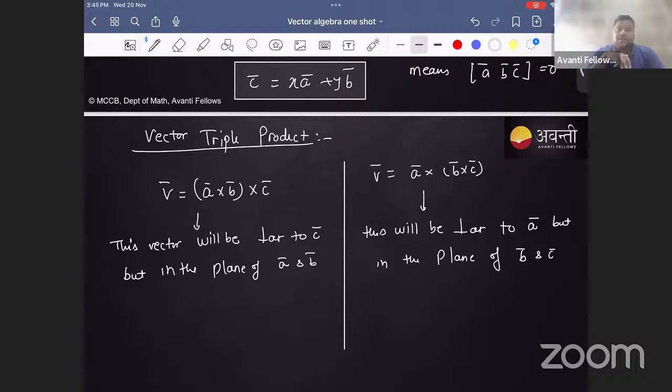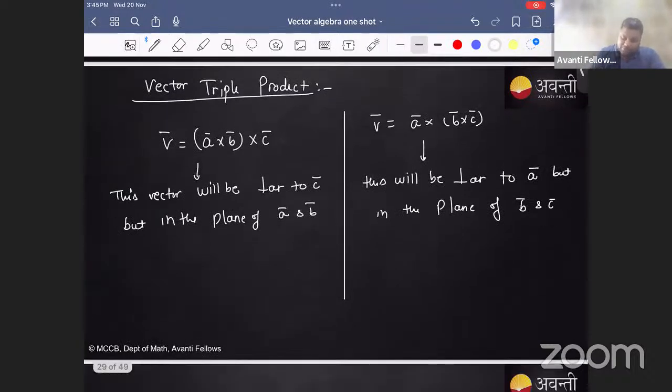So the first vector will be perpendicular to C and in the plane of A and B, so it will be linearly dependent on A and B. The second vector is perpendicular to A and in the plane of B and C, so it will be linearly dependent on B and C. Now I'll directly write their formulas.